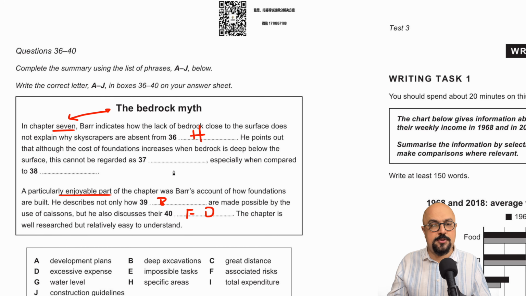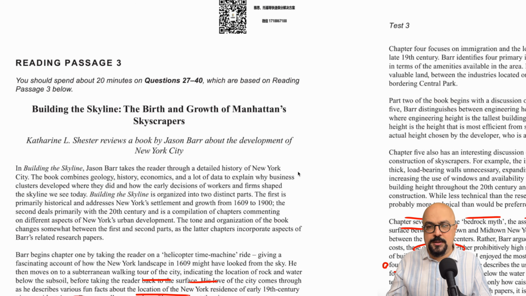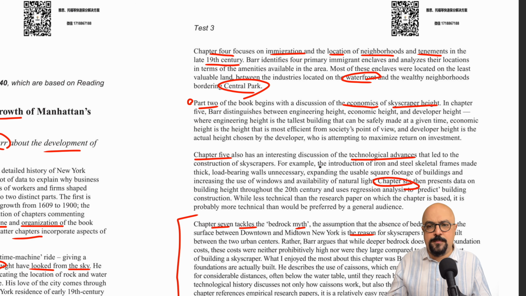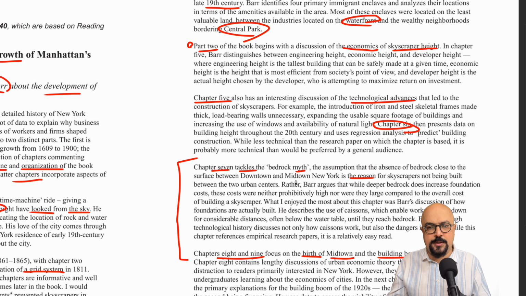These are my guesses. Now let's go back to the first one to make sure if the answers are right or wrong. 36. So, lack of bedrock. Okay, absent bedrock. Where was it? Okay, here it is. Absence of bedrock close to the surface between downtown... not built between the two urban centers.